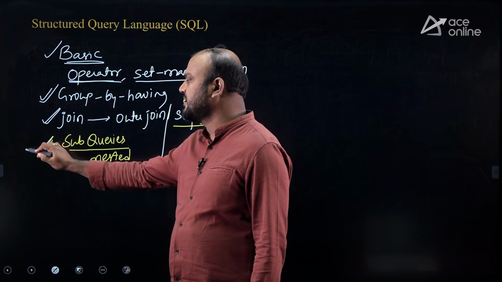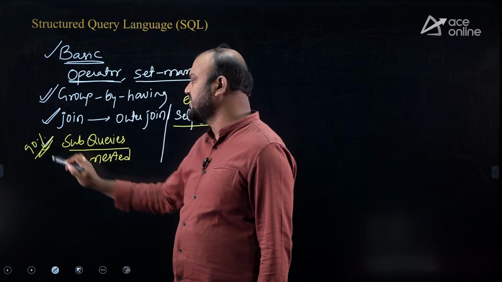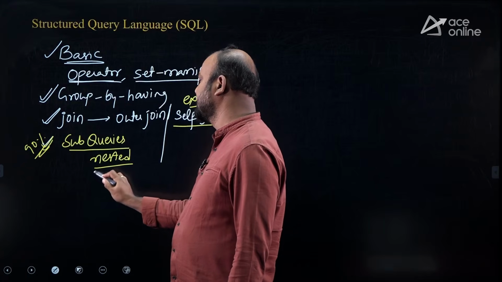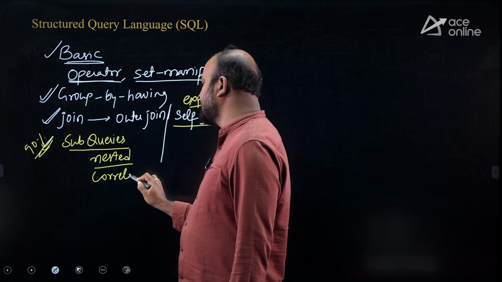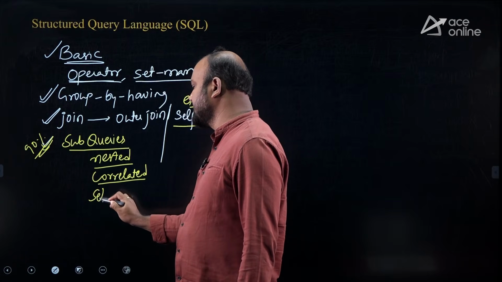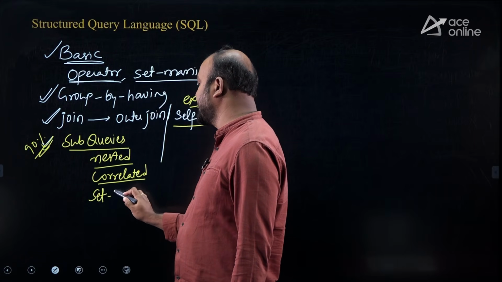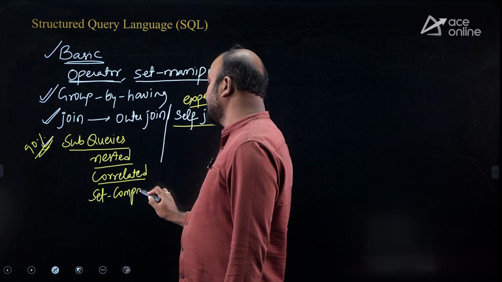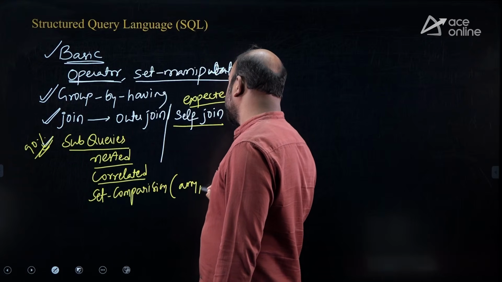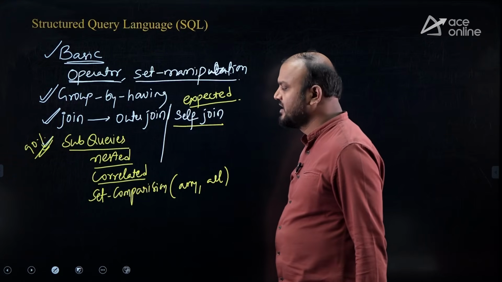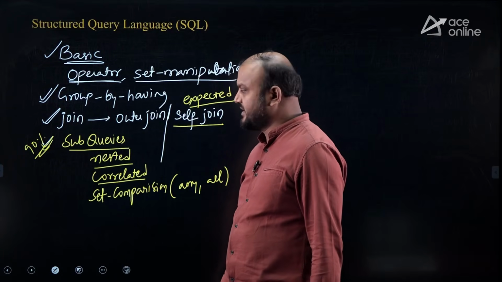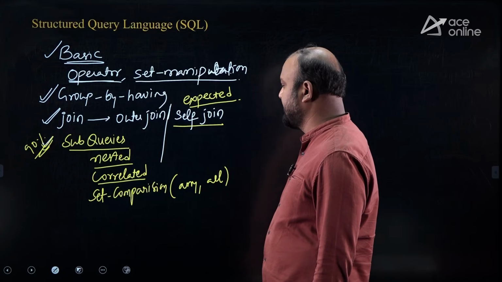So 90% of the chances are there to get questions on subqueries: nested queries, correlated subqueries, and set comparison operators like any and all. Queries on any and all. These are the questions on subqueries: nested, correlated, set comparison operators.